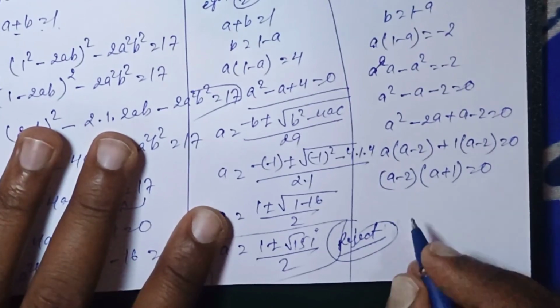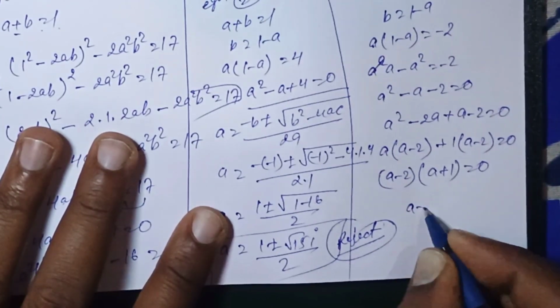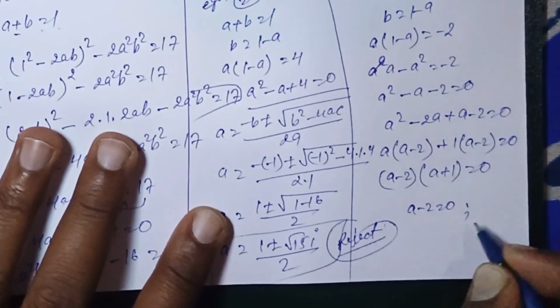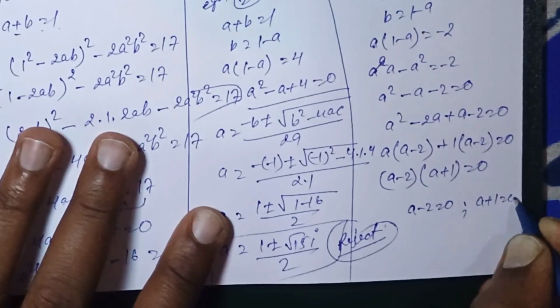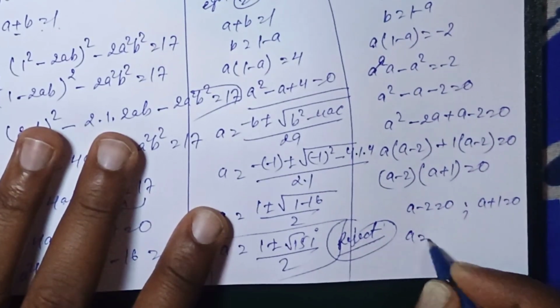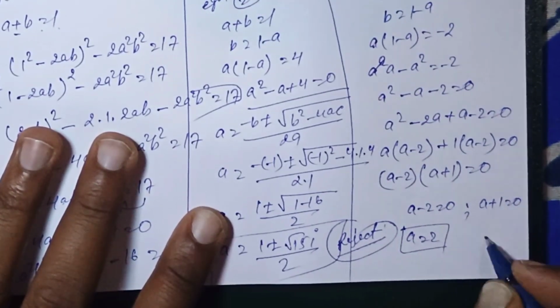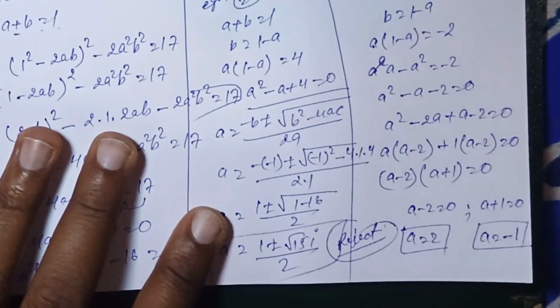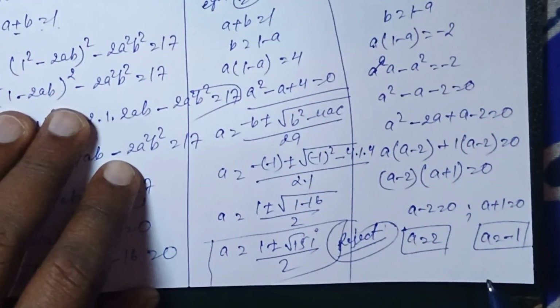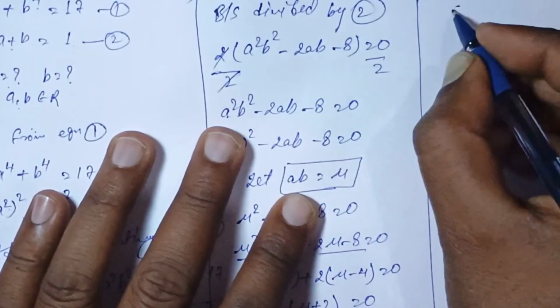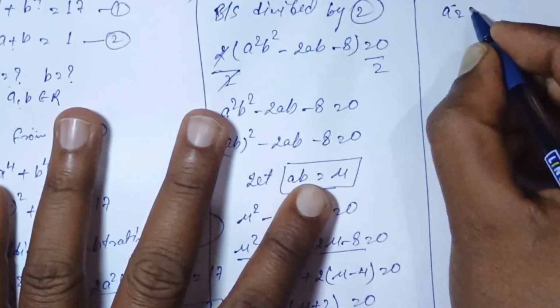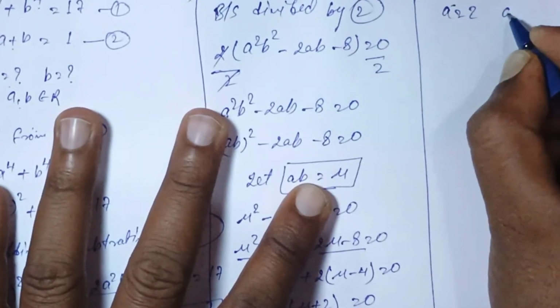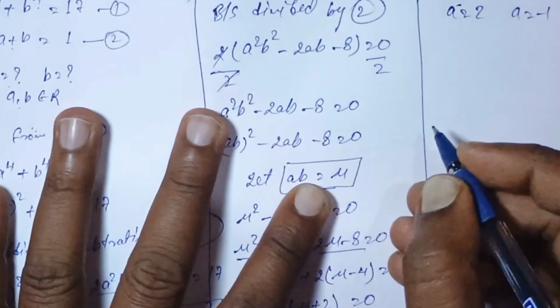Here two equations arise. See here, a minus 2 is equal to 0. Second, a plus 1 is equal to 0. Here a is equal to 2. Here a is equal to minus 1. Here two values of a arise.